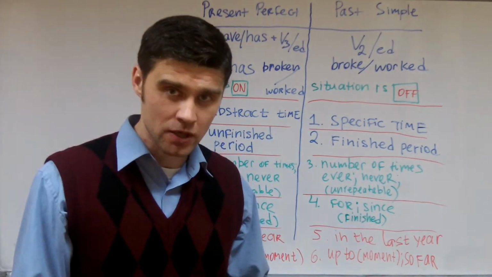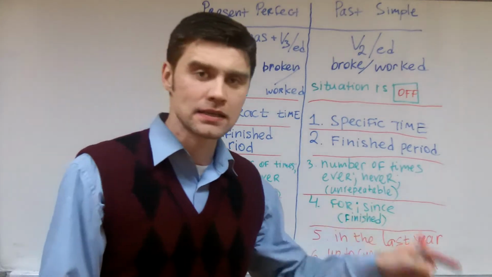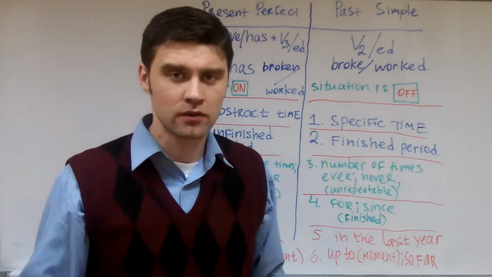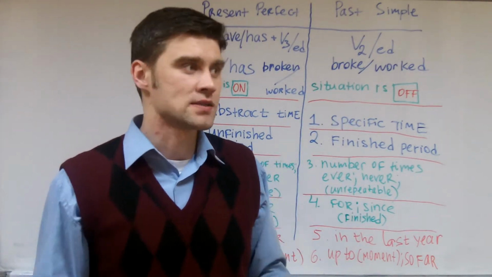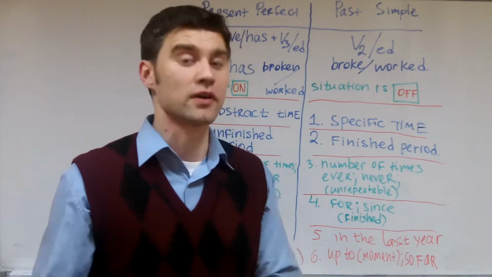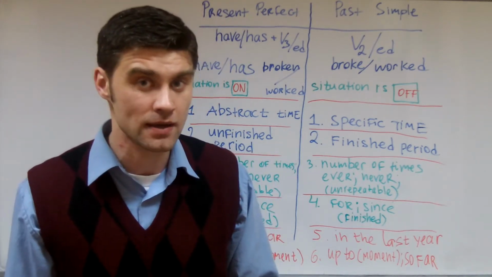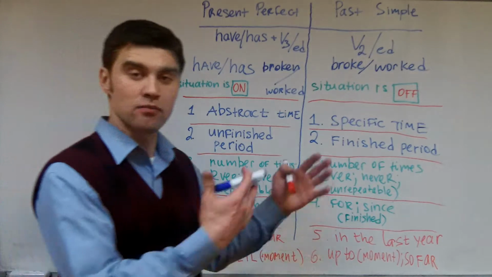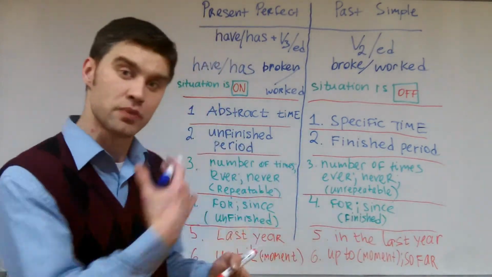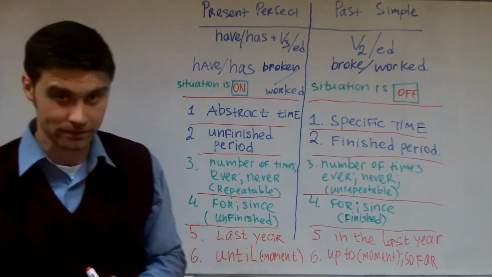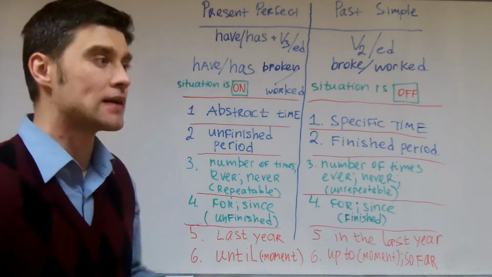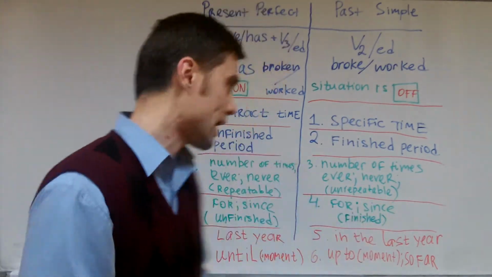There's a specific time indication. I did it in April, in 1991, or when I was young. You specify the moment when the action was taken. Once you specify the moment, you've got to use past simple, not present perfect. Present perfect is not used with specific time indications.